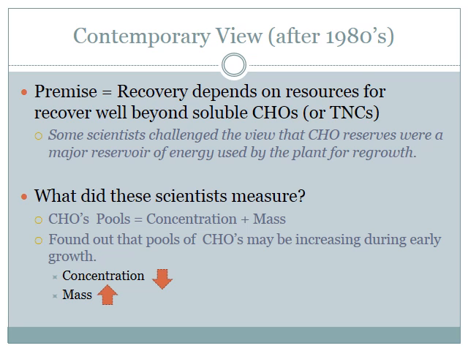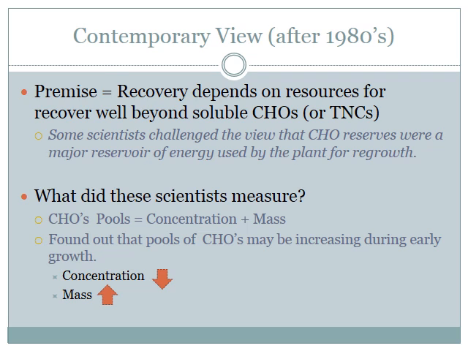And what they found was, although concentration goes down, the total pool of carbohydrates available can stay relatively constant because concentration is going down, but mass is going up. The plant is growing more root material, so the actual carbohydrate pools are relatively steady.